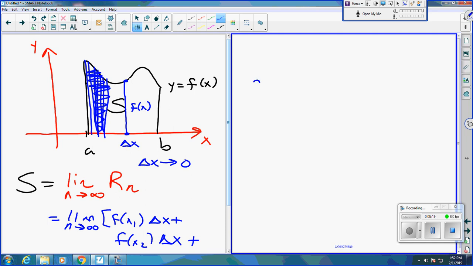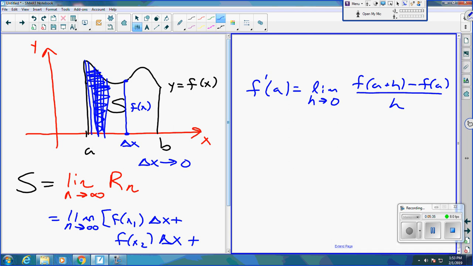I hope our favorite limit is the derivative limit. We'll use h this time and make it easier. I hope you're all thinking that this is your favorite limit. Remember when we had to do derivative longhand? And actually, that's going to become really important when we make the next big step.